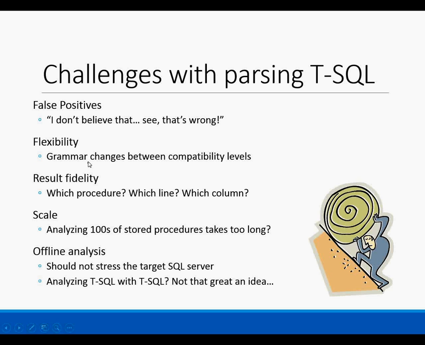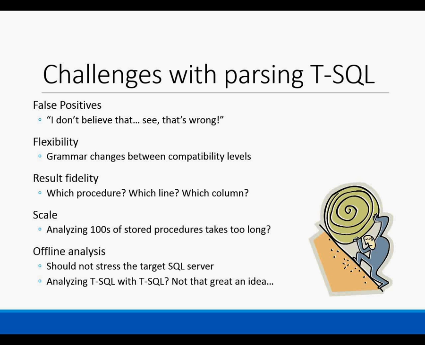The second thing which you would face traditionally is compatibility levels. I'm sure most of you are aware that the non-ANSI join syntax was allowed in compat level 80, which was SQL 2000, and now you don't support that anymore in the engine.